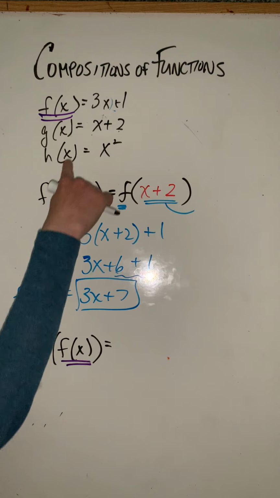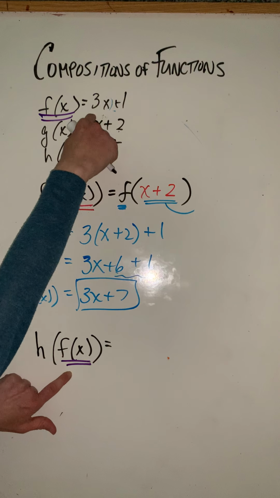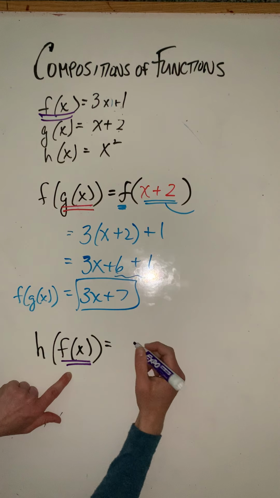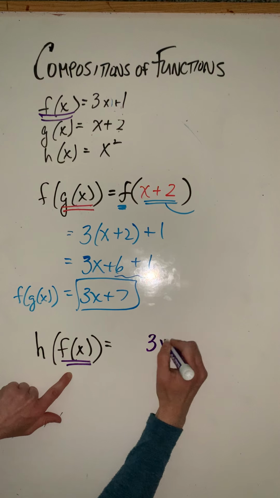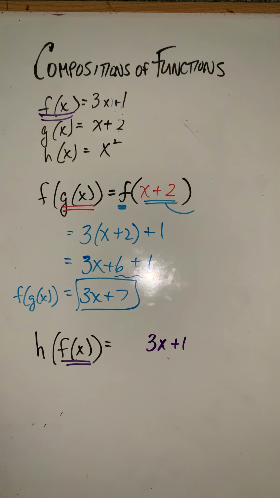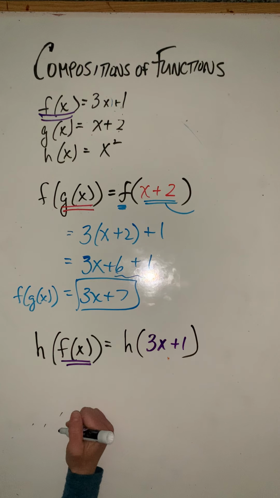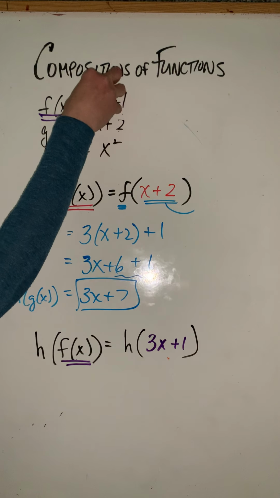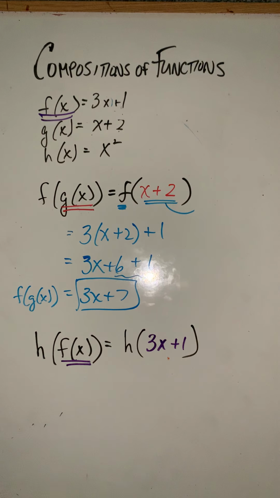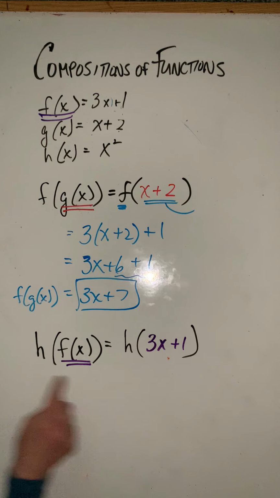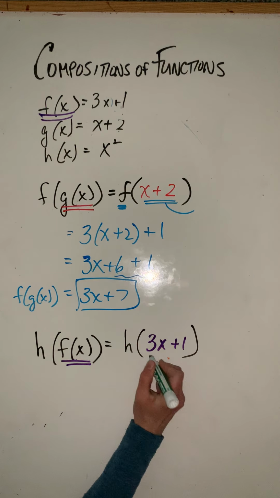So we're going to replace our f of x here with what f of x is equal to, which is 3x plus 1. Okay, so what we still have then is h of 3x plus 1. So all we did was take that f of x and replace it with the 3x plus 1 that it's equal to.